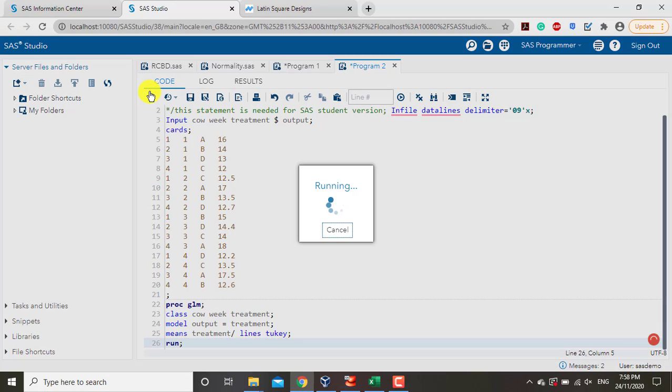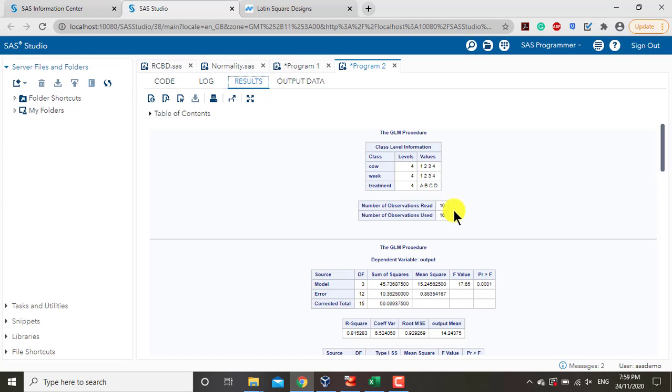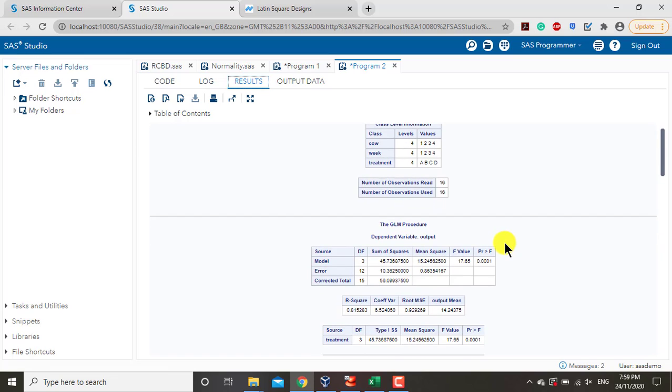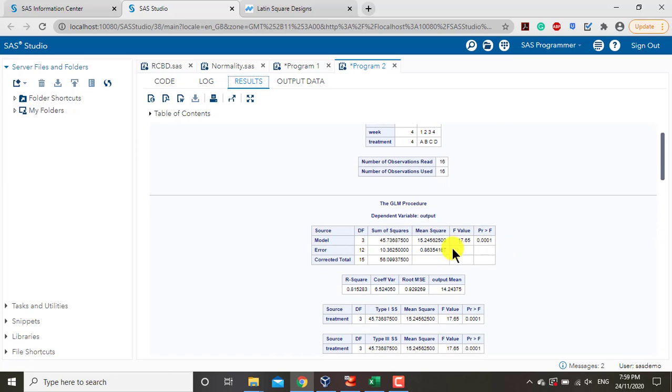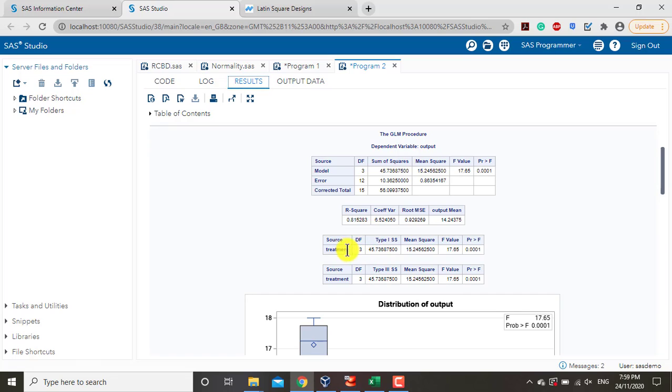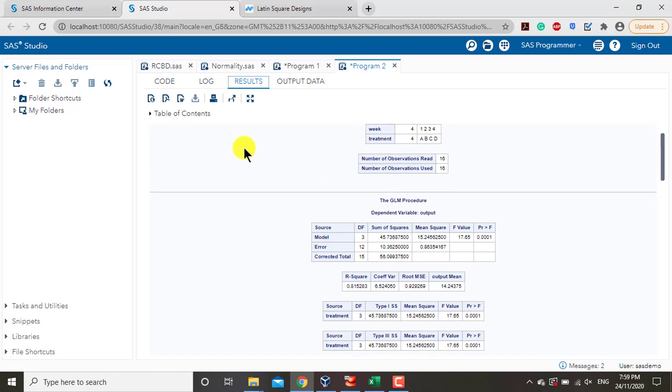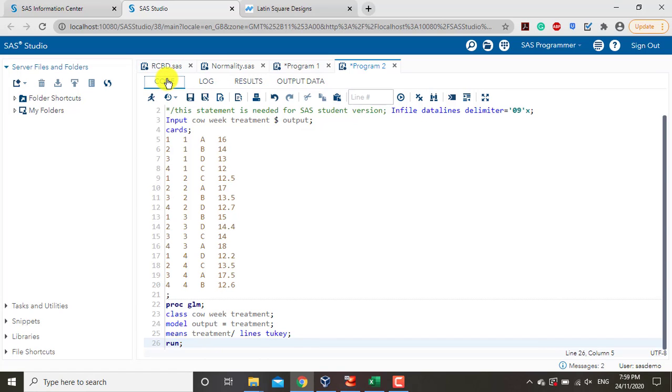So click here. Perfect. There are 16 observations, there are 4 treatments, 4 cows, and 4 weeks. And that's the model F value, and that's the treatment F value, which is 17.65. So I will change a little bit here.